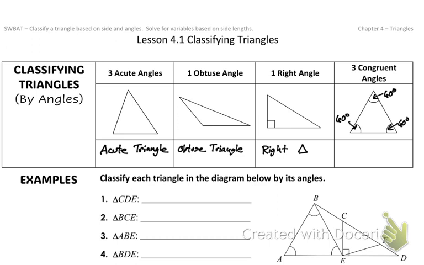Now, here's where it's not as nice of naming, because we had an acute triangle, an obtuse triangle, a right triangle. This is called equiangular. It makes sense mathematically because they're saying you have equal angles.